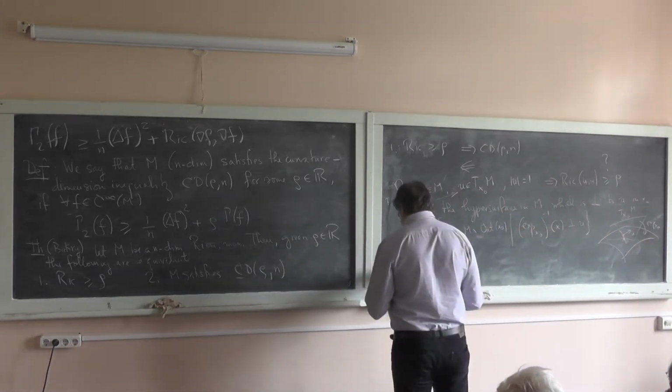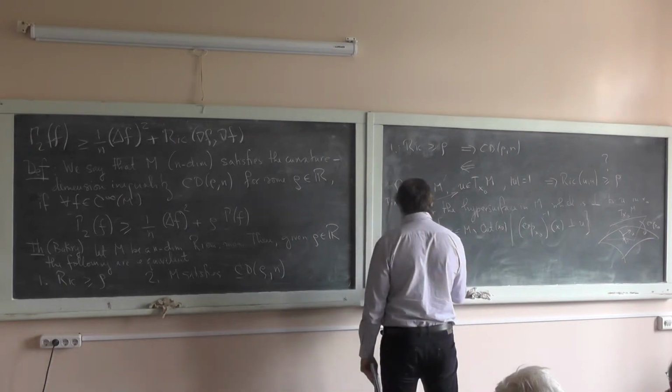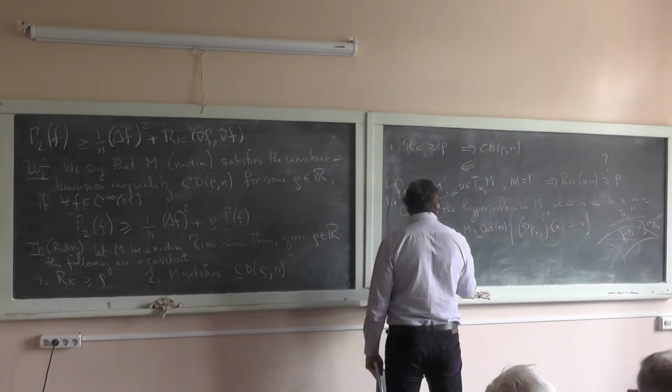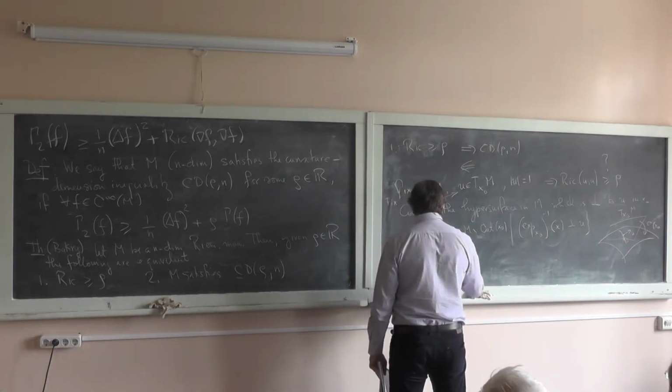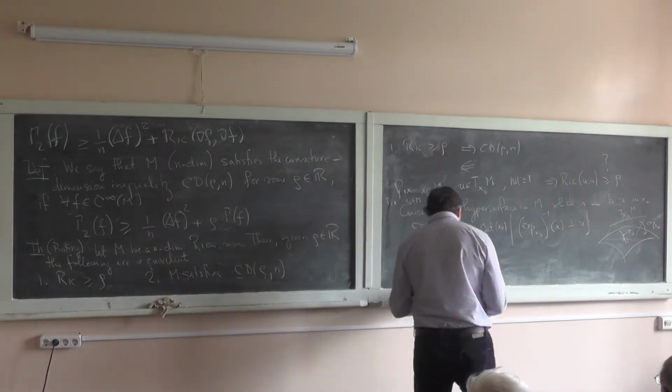Now I take f0 to be the signed distance function from f. So f0 is defined on M minus the cut locus of x0, with values in the reals.